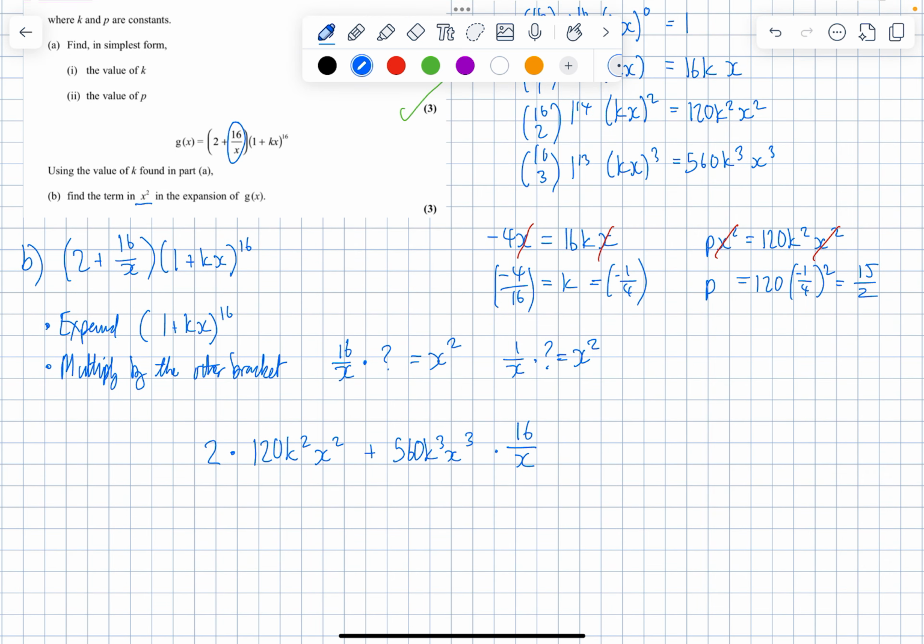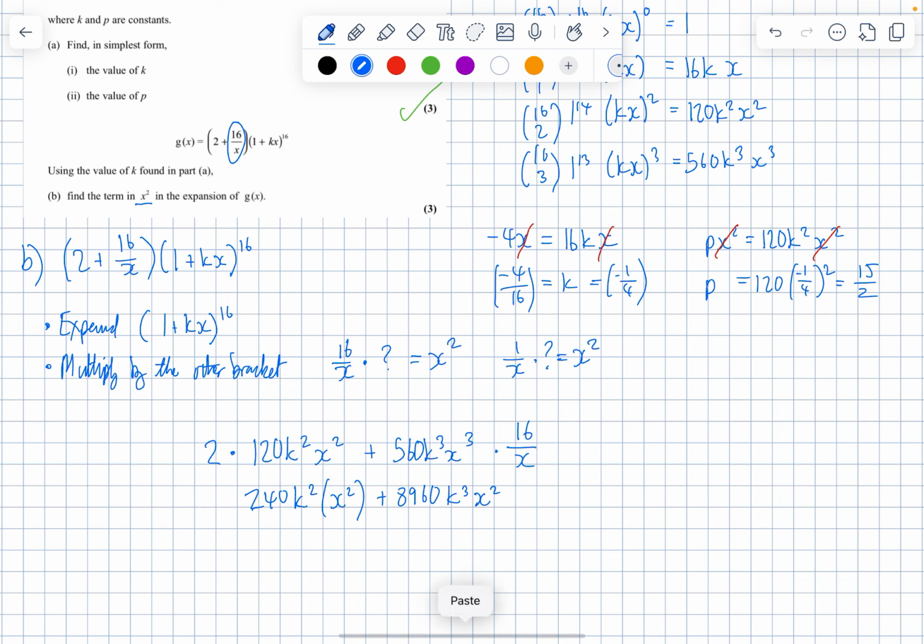So now that's going to give me 2 times 120, that's 240k squared x squared, plus my 8,960k squared. Sorry, k cubed x squared.